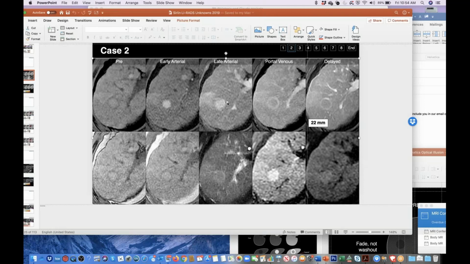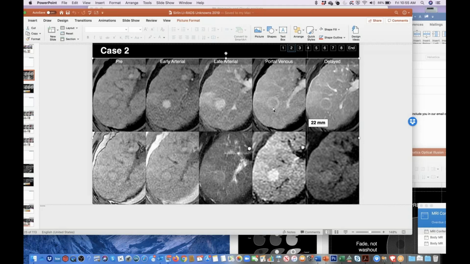In the portal venous phase, the center part of the mass has de-enhanced, and on the delayed phase again, it has de-enhanced.